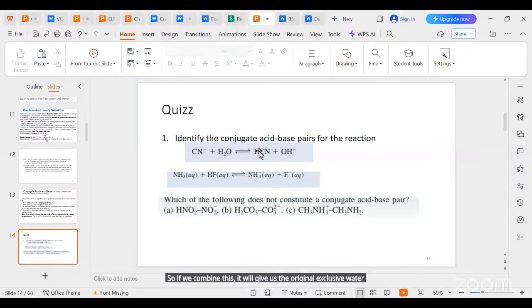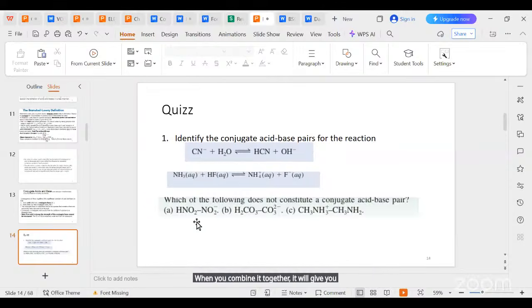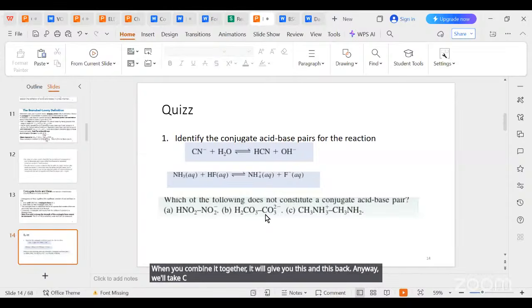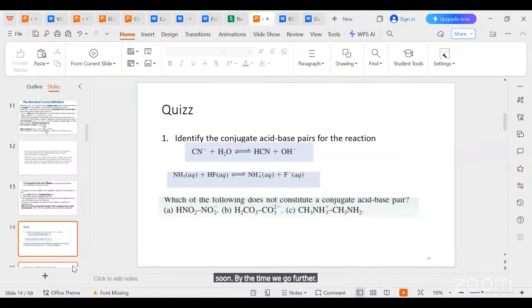That's how you know it. So let's look at this. It fulfilled that rule. This one is a non-aqueous system. When you combine it together, it will give you this and this back. Anyway, we'll take C as the wrong answer, and I will confirm it to you soon. By the time we go further, you understand more.